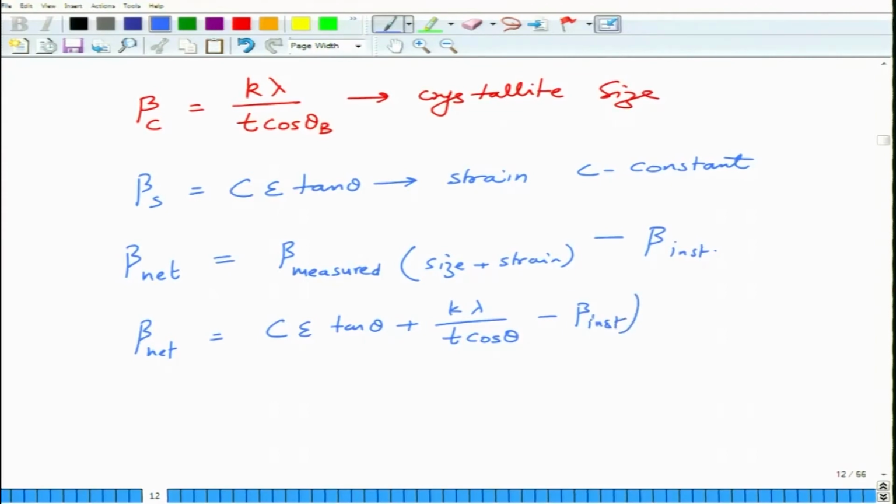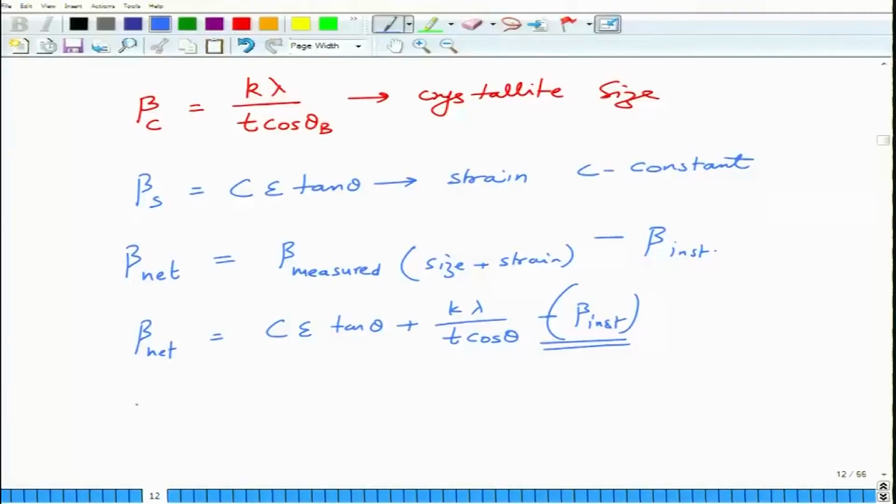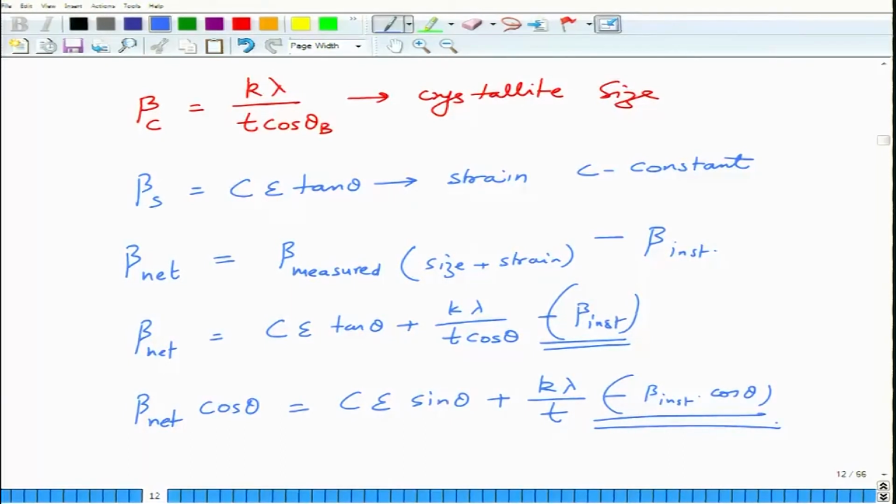This value I would know, beta naught I can measure by measuring a standard specimen. So, this becomes beta net cos theta is equal to C epsilon sin theta plus k lambda divided by T minus beta instrument cos theta, which I can measure. So, this is a known term.